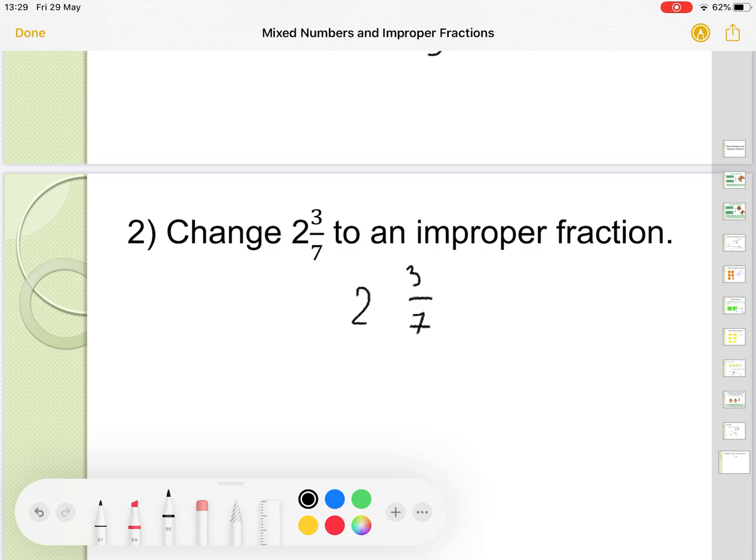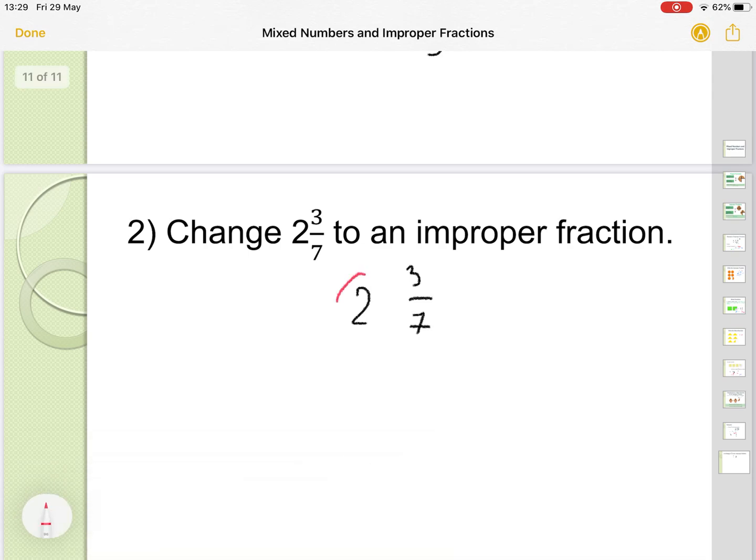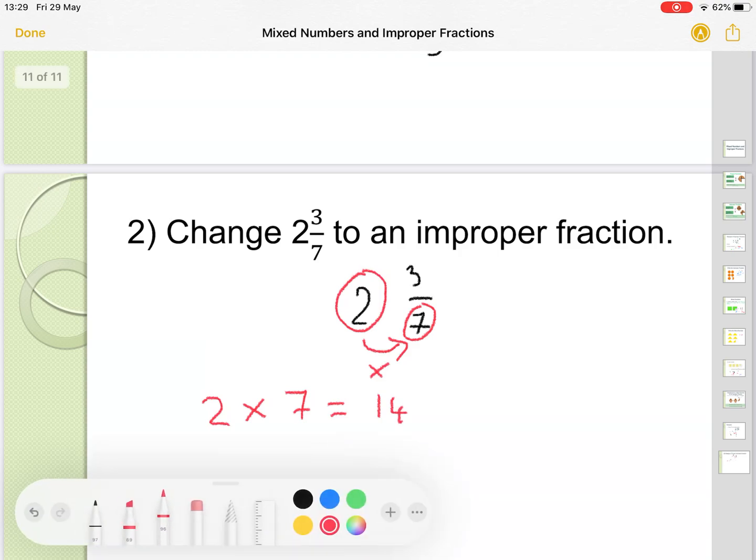So there is a mix, that's why it's a mixed number. To change from a mixed number to an improper fraction, I need to multiply the whole by the denominator. 2 times 7 is equal to 14.